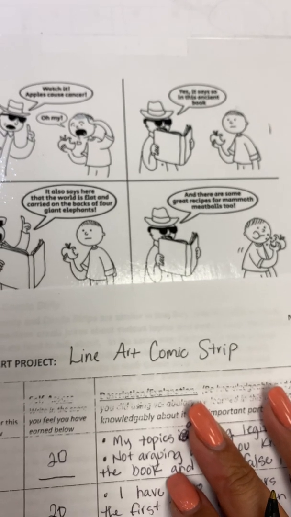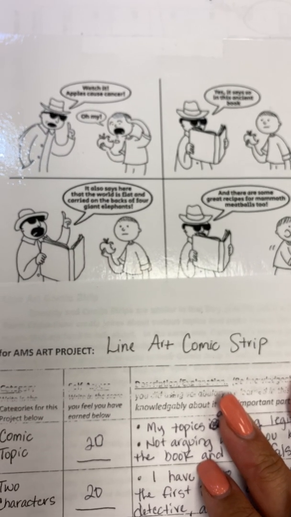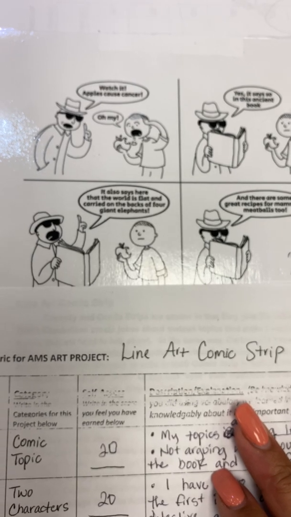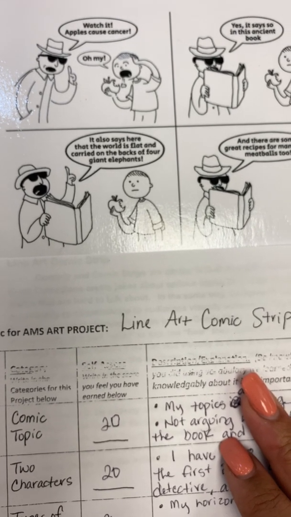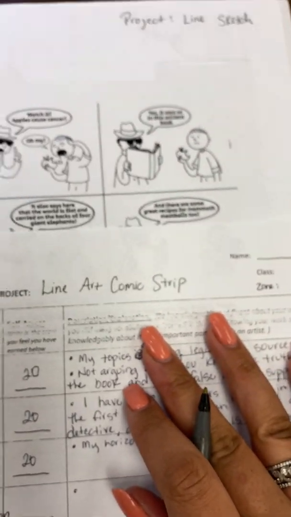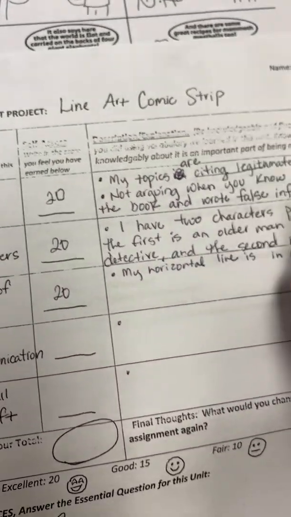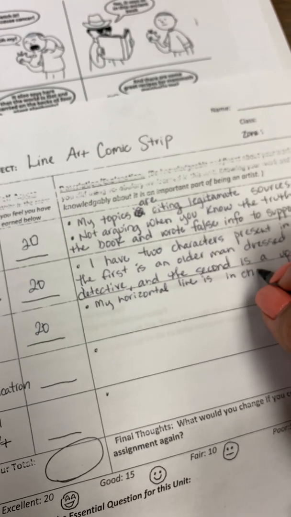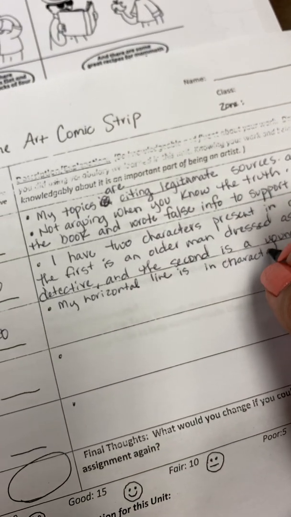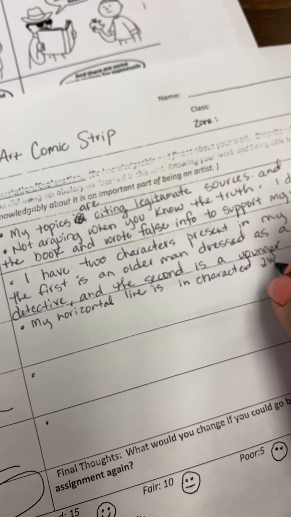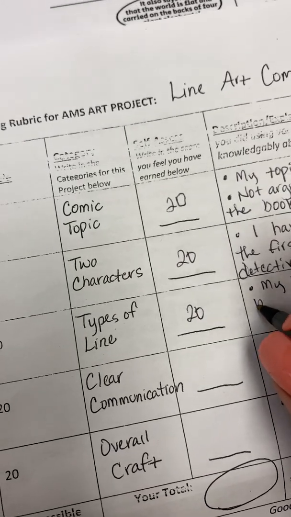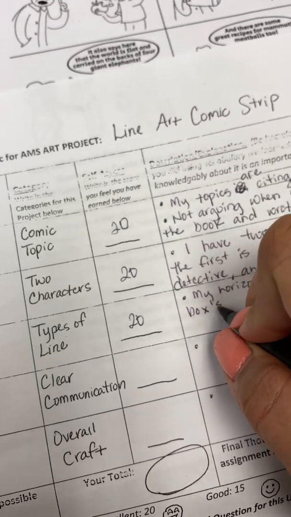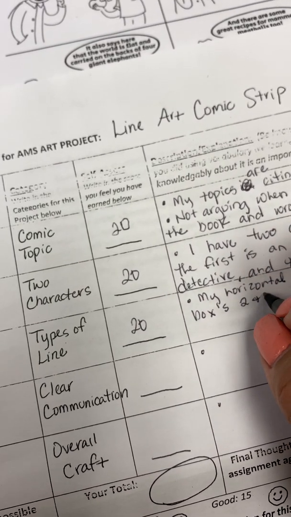Okay, so we have a horizontal line. Let's say the boy's mouth in character 2's mouth of boxes 2 and 3.